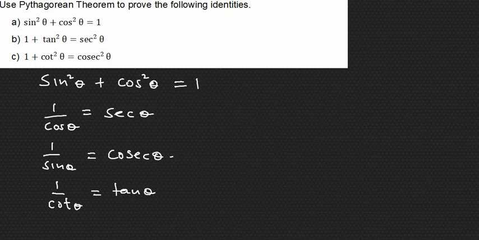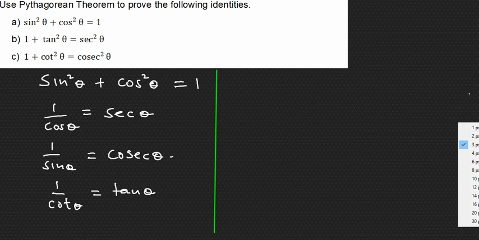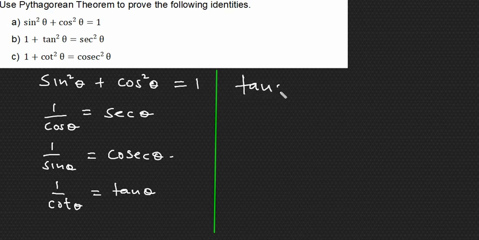Another identity we are learning today before we go to the other one is, sorry, tan. Now tan of an angle is the same as sine theta over cos theta. We can show this. Sine over cos is tan.